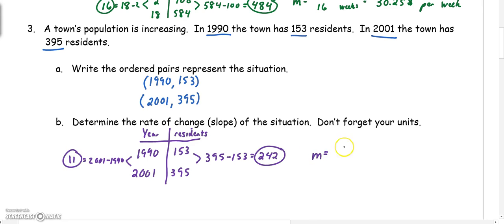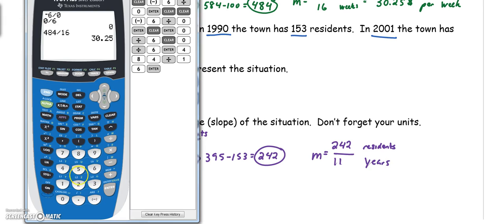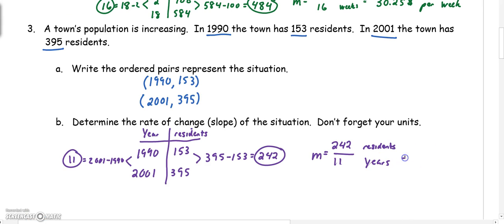My slope here is 242 residents divided by 11 years. In my calculator, 242 divided by 11 means that we're having an increase of 22 residents per year.